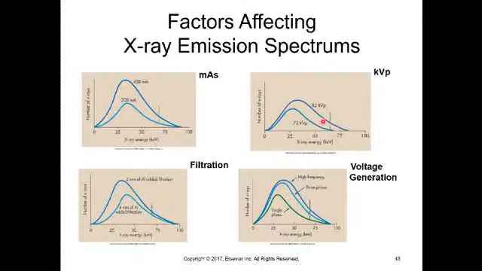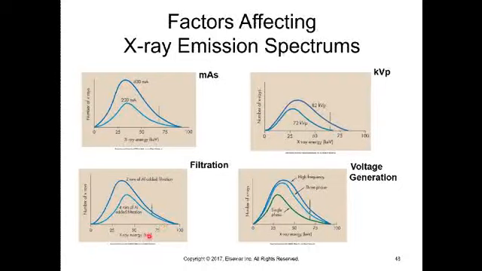So when you increase your kVp from 72 to 82, your amplitude is going to go up, but not proportionally, and your whole spectrum is going to shift to the right because it's going for better quality. So kVp affects amplitude and position. mAs only affects amplitude.